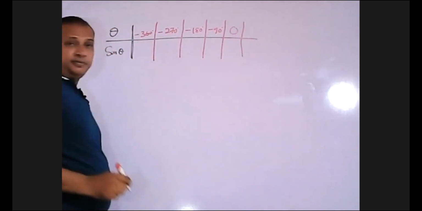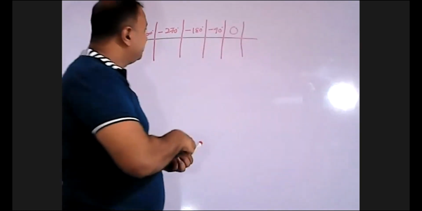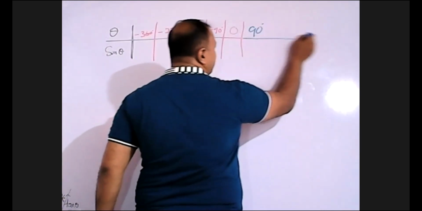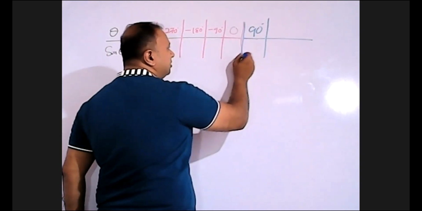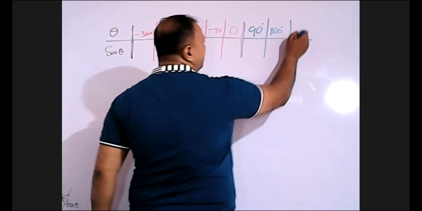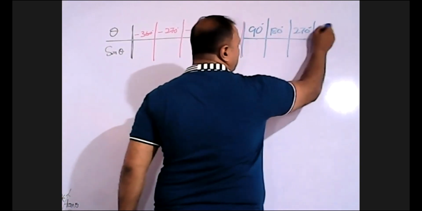Then again the plus values: plus 90, then 180, 270, 360.